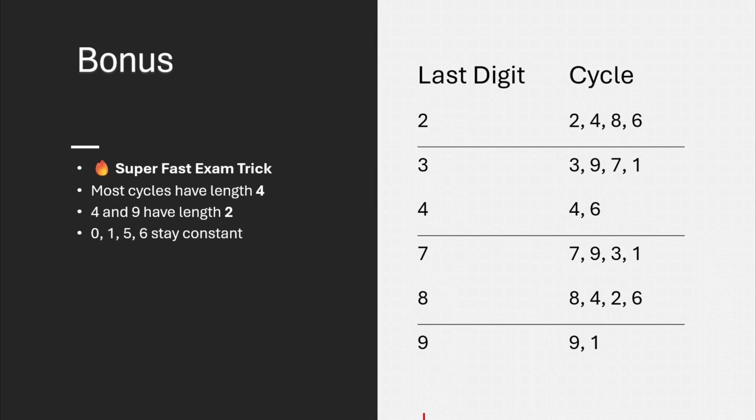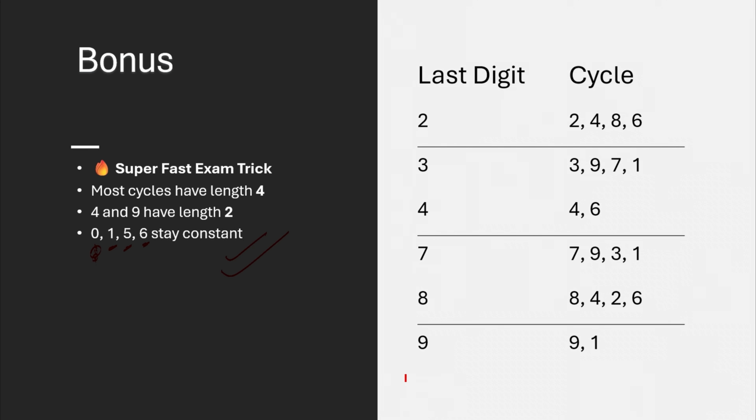But here's the bonus that will definitely help you in the Olympiad. Whenever the last digit is 0, 1, 5 or 6, the last digit will remain constant.